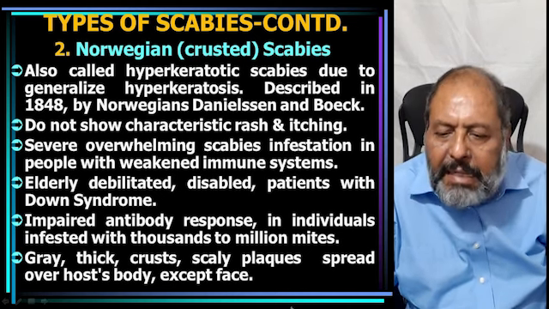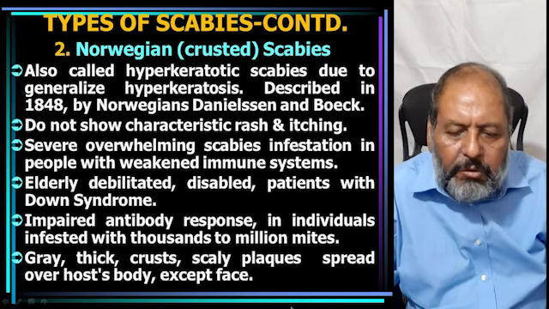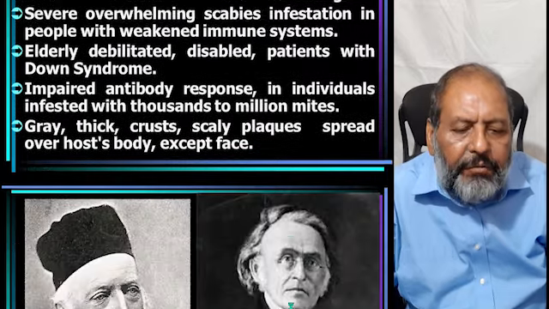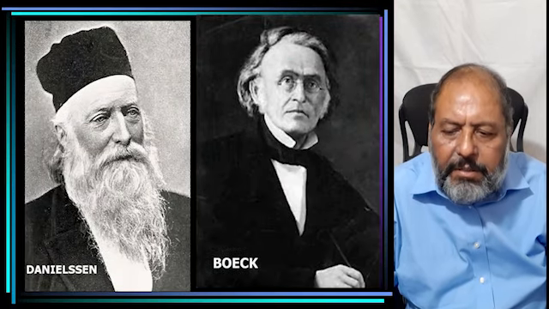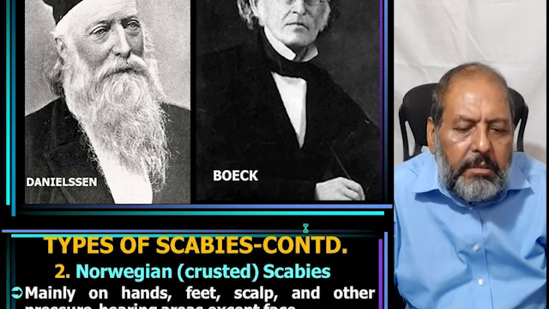They produce grey, thick crusts and scaly plaques spread over the host body except the face. These were the persons, Danielssen and Boeck, who discovered all this.